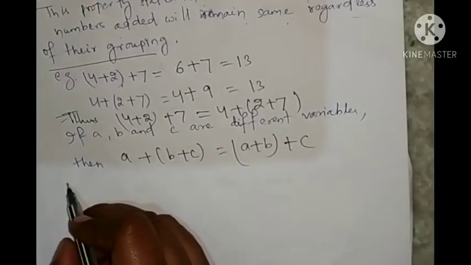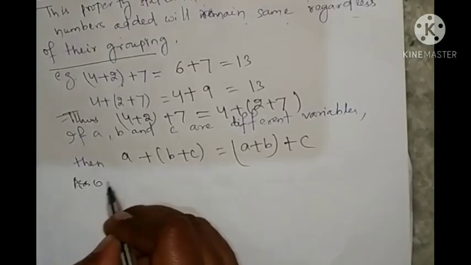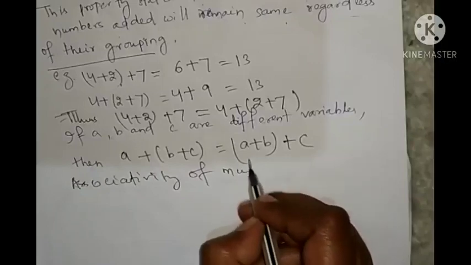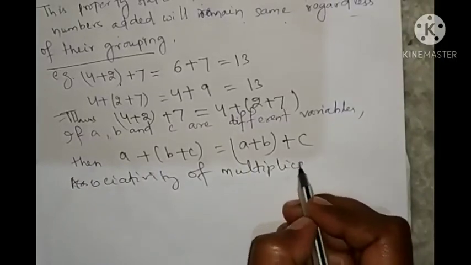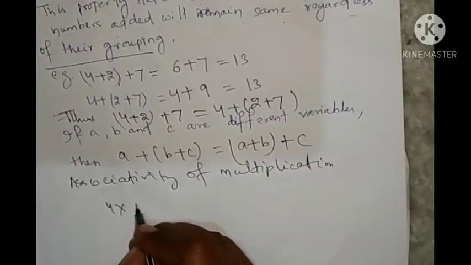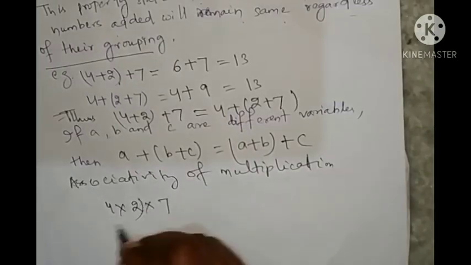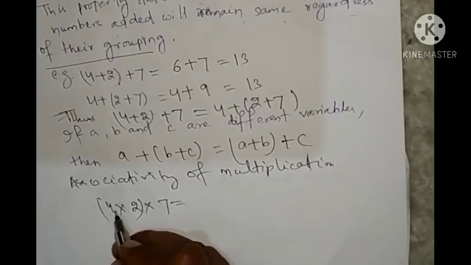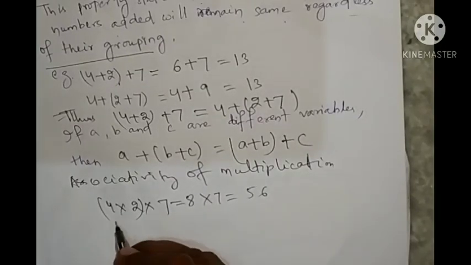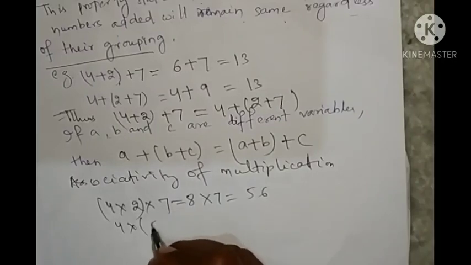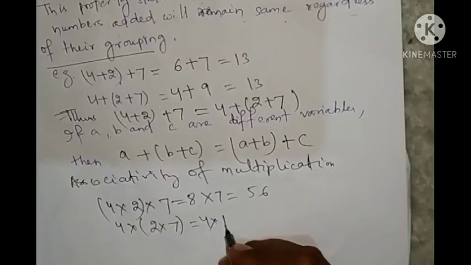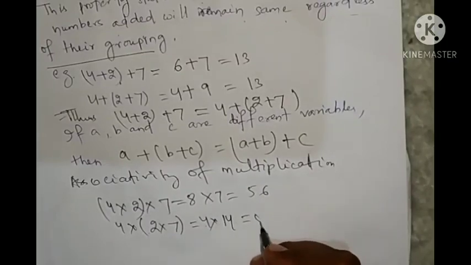This is applicable for associativity of multiplication also. Same thing we are doing. 4 into 2 into 7. Okay, if I write, how much? 4 into 2 is 8. 8 into 7 is what? 56. The same 4 into whole 2 into 7. What you can write? 2 into 7 is 14. So 4 into 14 is how much? 56.